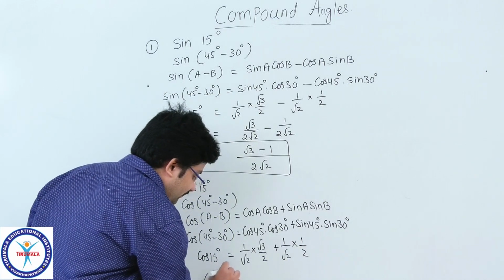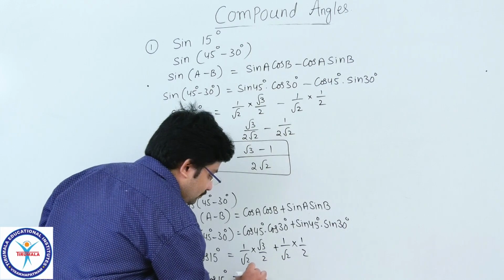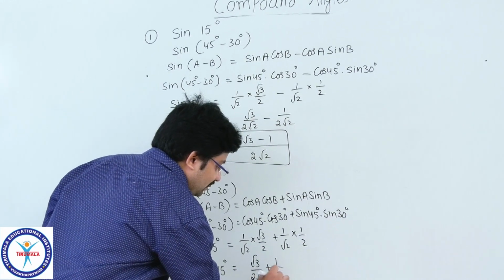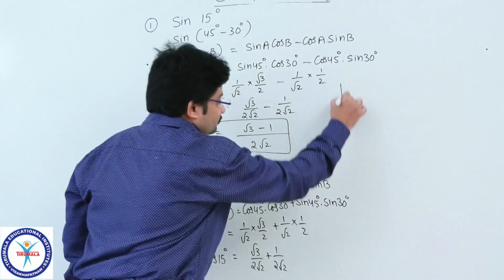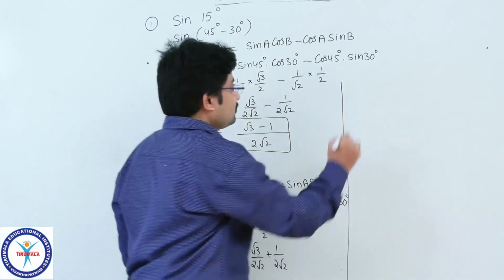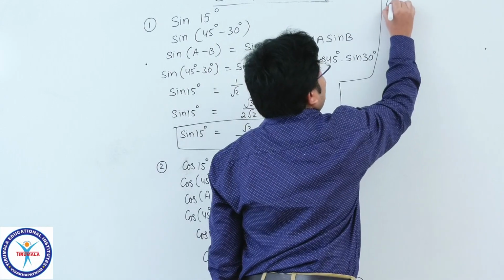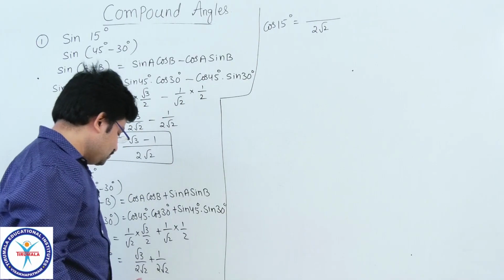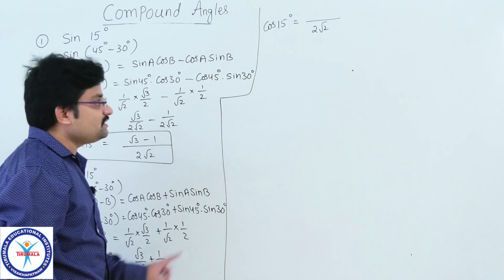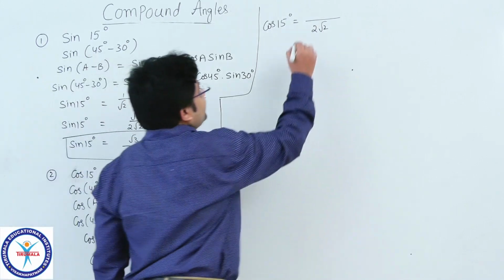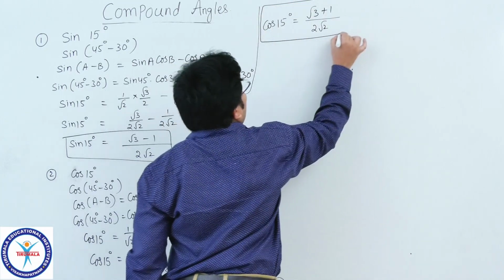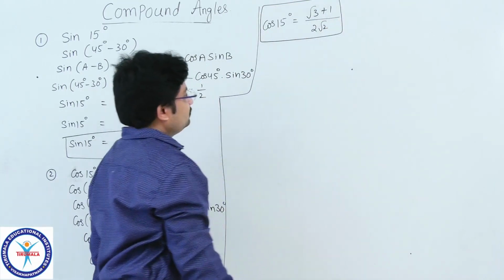So cos 15 degrees is equal to root 3 by 2 root 2 plus 1 by 2 root 2. The denominator is 2 root 2, therefore root 3 plus 1 by 2 root 2. This is the value of cos 15 degrees.